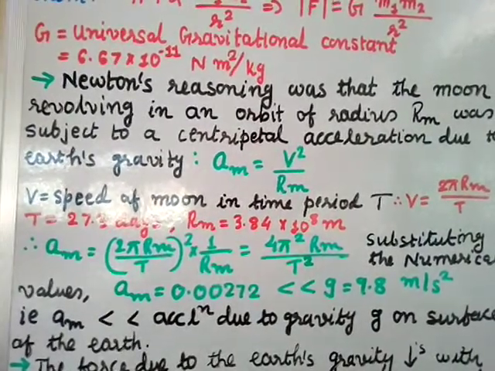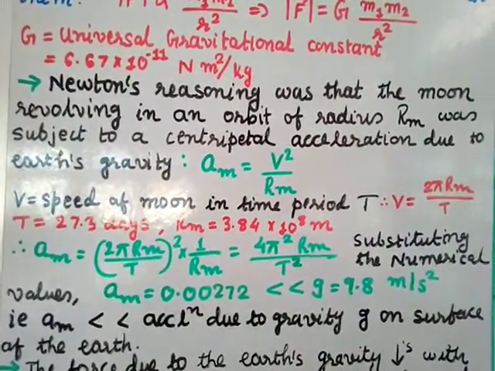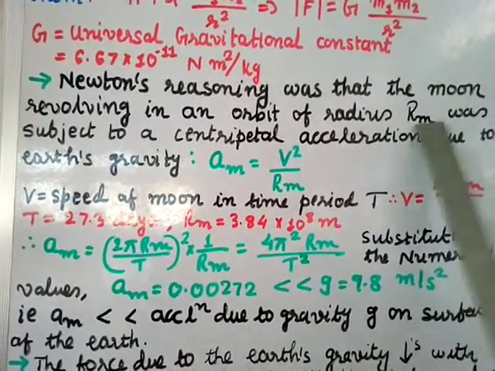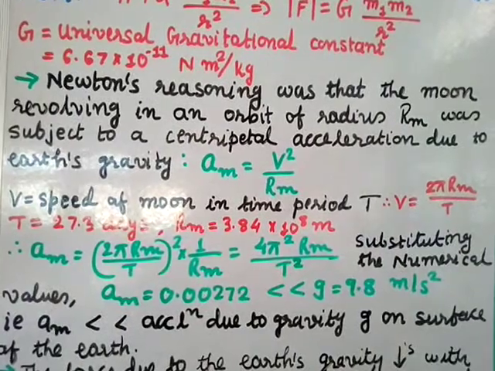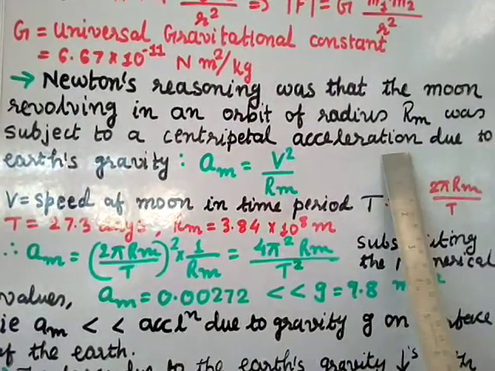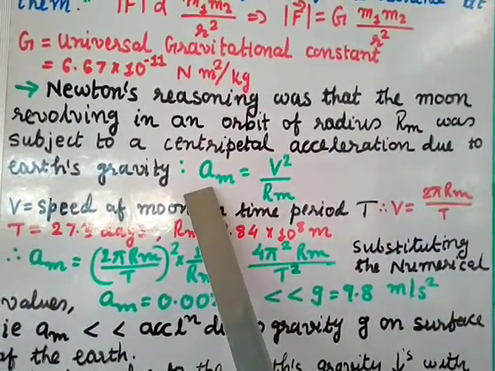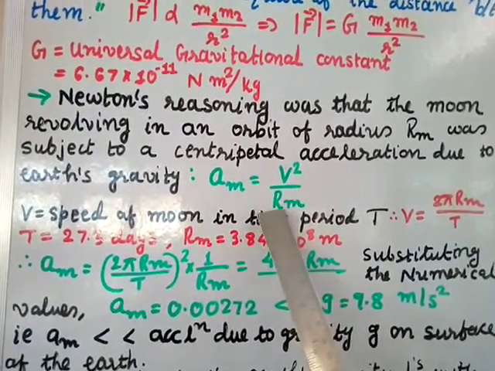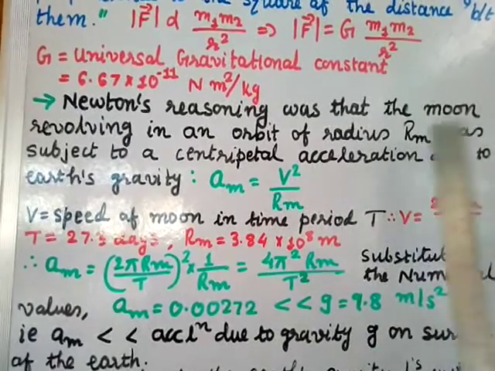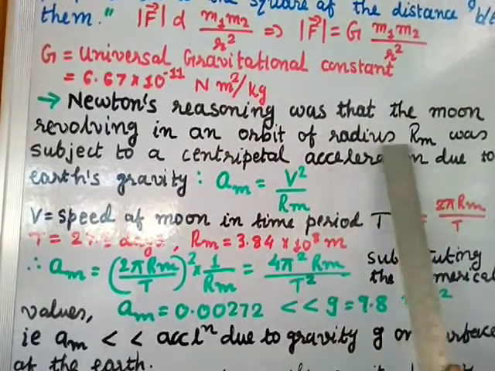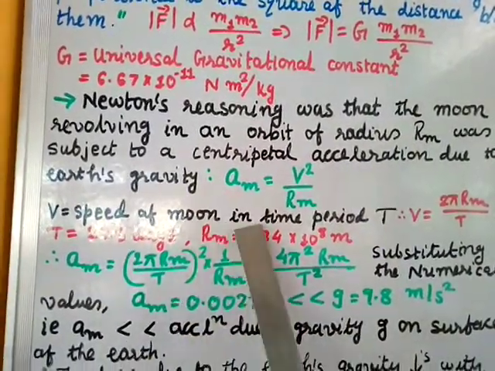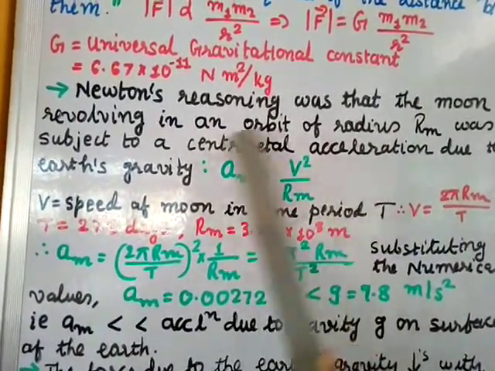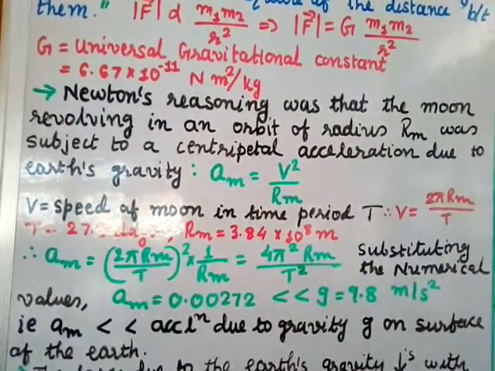So Newton said that the moon is revolving in an orbit of radius Rm, so it is also subjected to centripetal acceleration, that is am equals v square by Rm. Rm is the radius of the moon's orbit, and v is the speed of the moon in time period T, and this centripetal acceleration is due to the Earth's gravity.